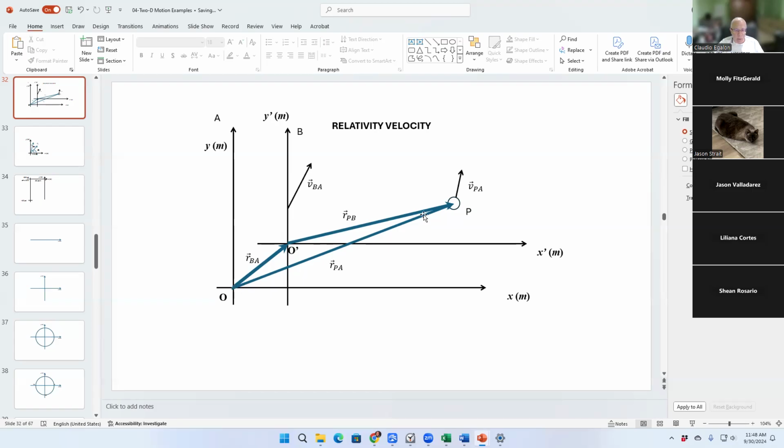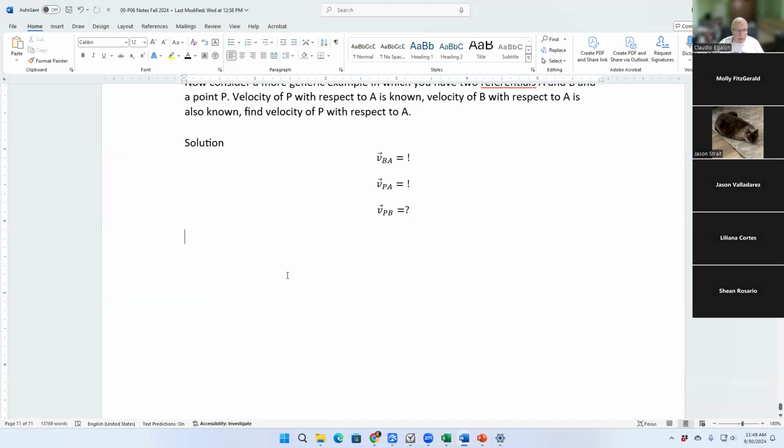Okay, just look at this triangle that we have here. Do you see that RPA is going to be this plus this, right? Head to tail. From this drawing alone, I can write it down. From the drawing below, we have the following equation.